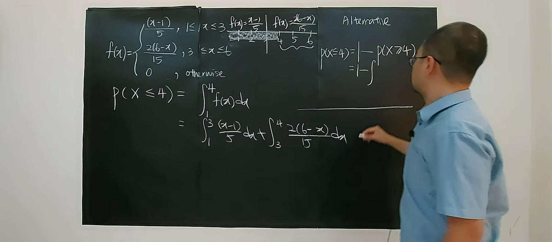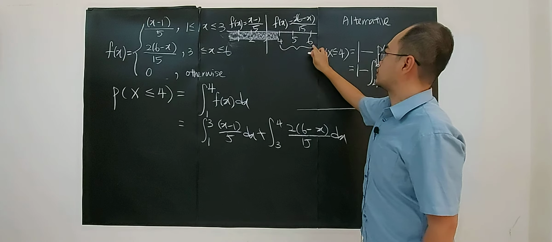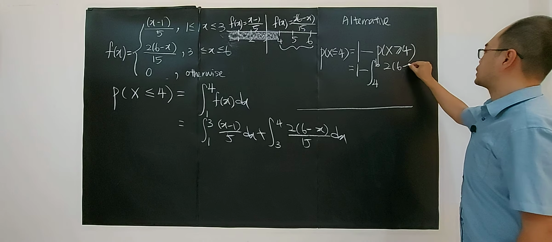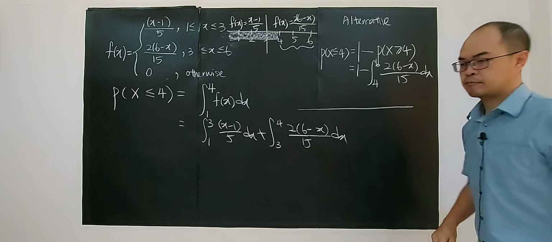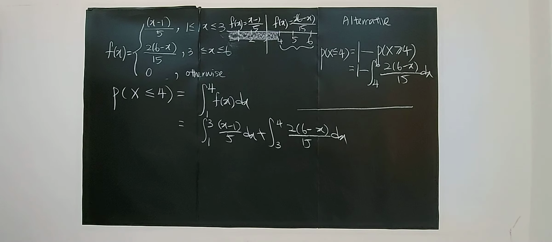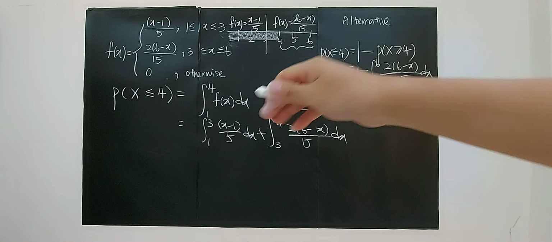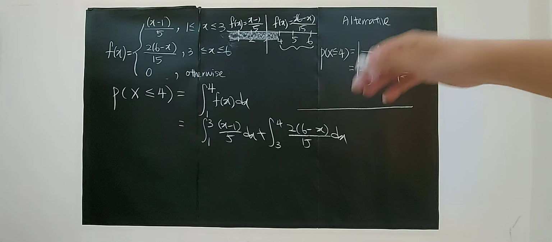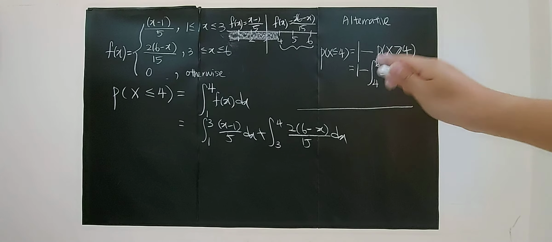So it's from 4 up to 6, and in this interval, this is the function: (6 minus x) over 15 dx. For me, I will do this because it's a lot easier. I don't need to integrate this and substitute values, and I avoid some careless mistakes. But you have to be very sure that you are doing the right thing.